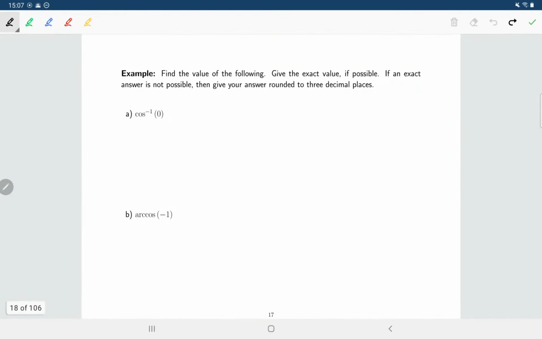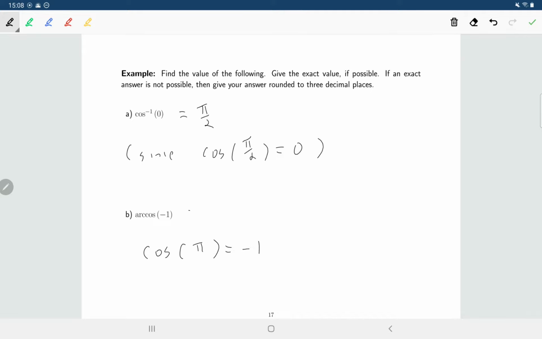And so that means cosine inverse of 0 should be pi over 2. Similarly, since cosine of pi is equal to -1, that means cosine inverse of -1 is pi.